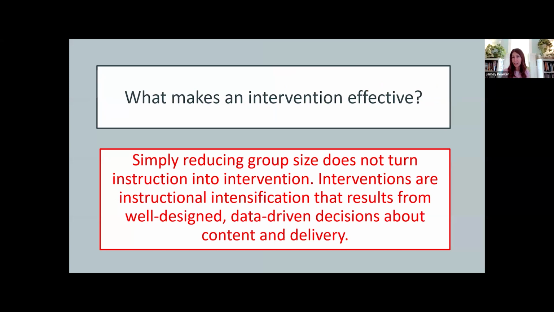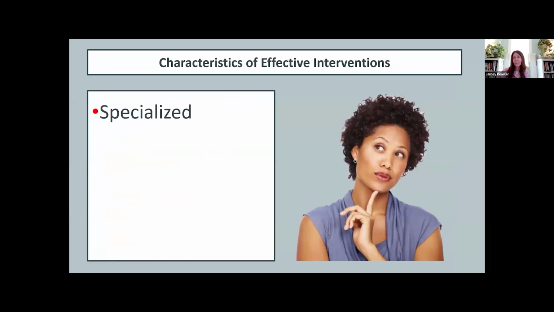So if I'm suggesting that you can do some interventions in a whole group setting, what then makes an intervention an intervention? There are critical components of instructional design and delivery that make an intervention effective, and it isn't just about group size. It's about the instruction being specialized.